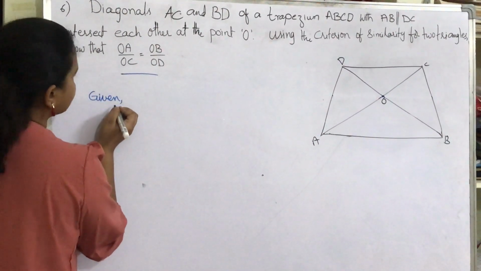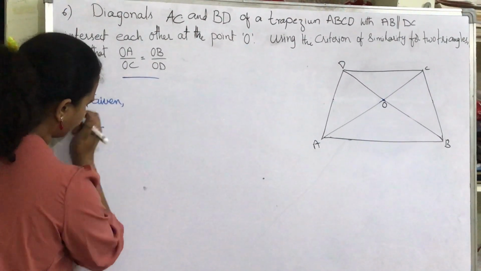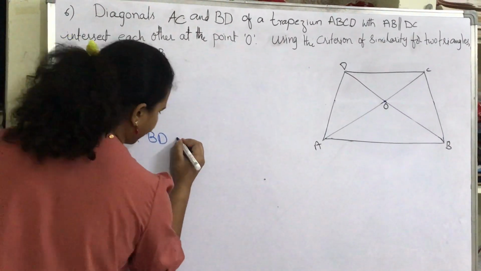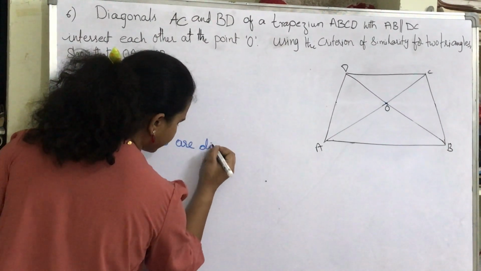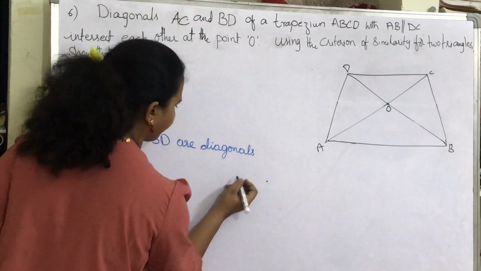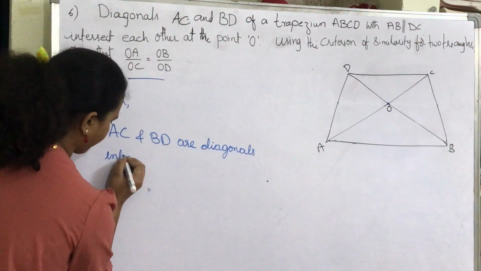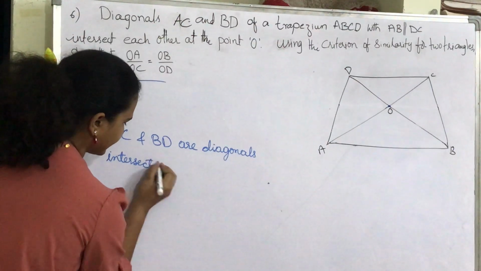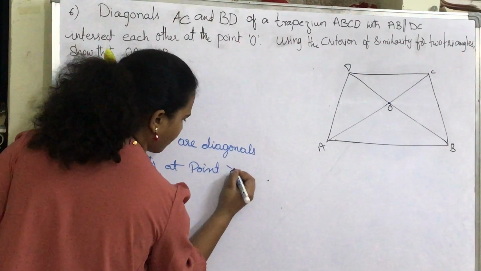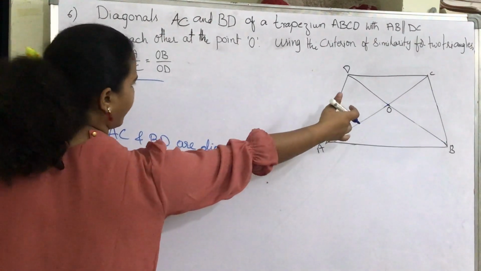Firstly, what is given: AC and BD are diagonals which intersect at point O. So both diagonals intersect at the point O, as we know.